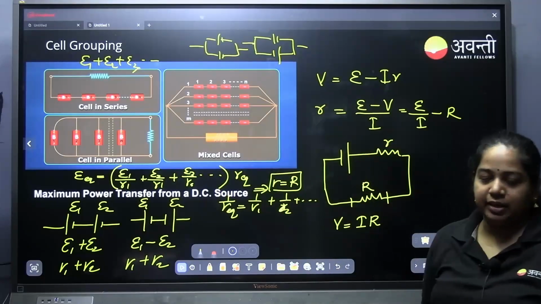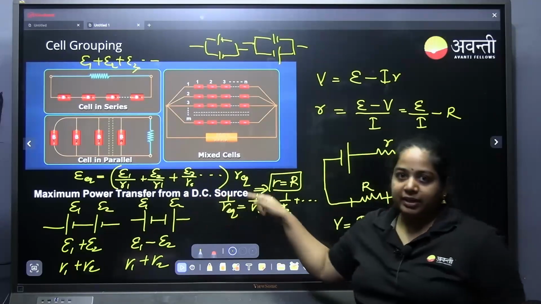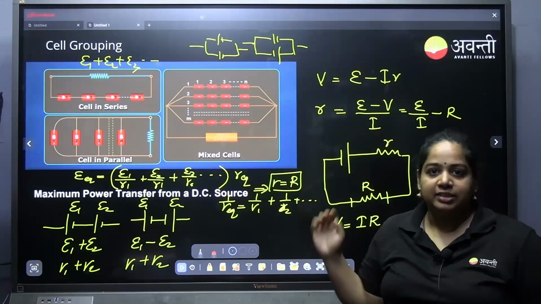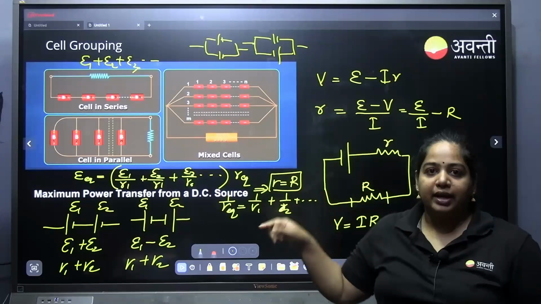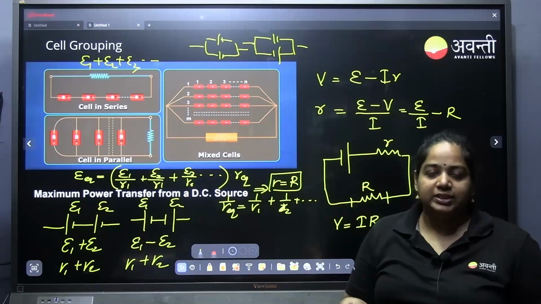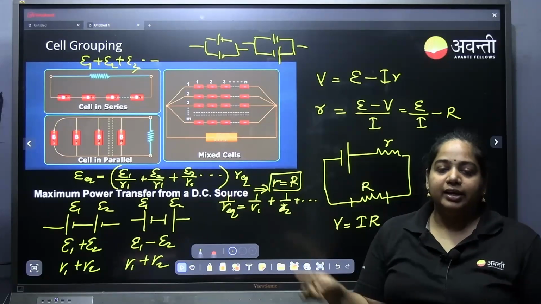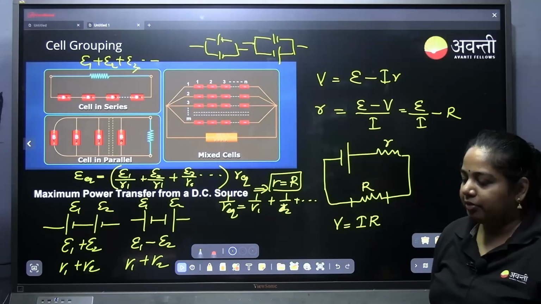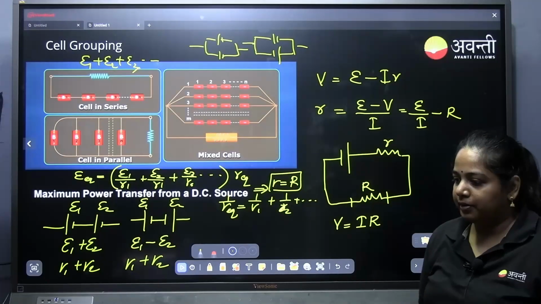One condition is there. Maximum power transfer occurs when internal resistance equal to external resistance. That's why in that M cells and N rows question, we assumed internal resistance equal to total external resistance. I forgot to mention this here.